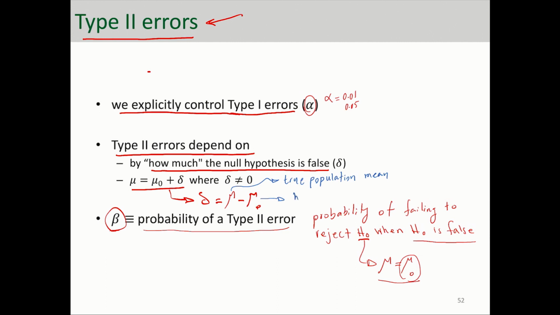Mu naught is the hypothesized mean. The difference is called delta, and that delta determines probability of type 2 error, beta, and you'll see how.